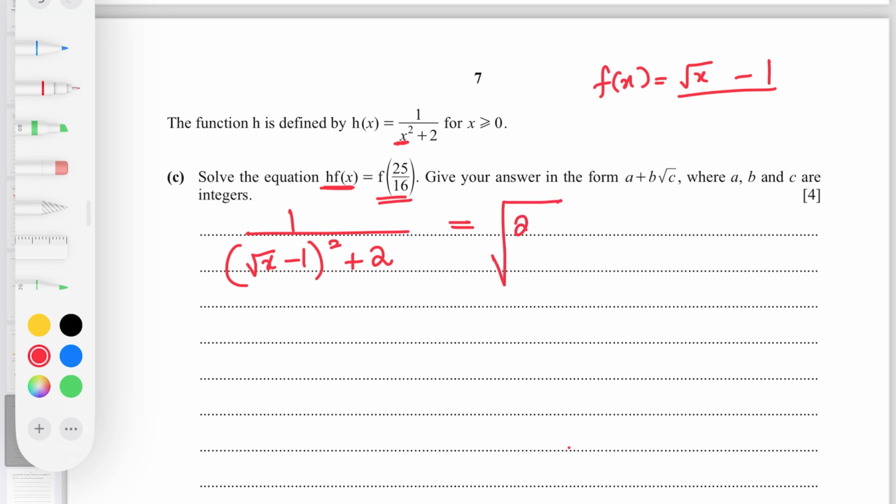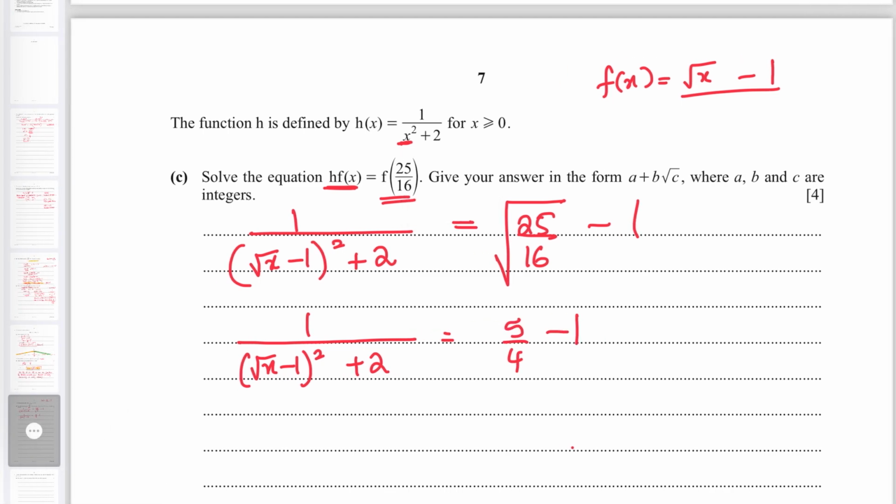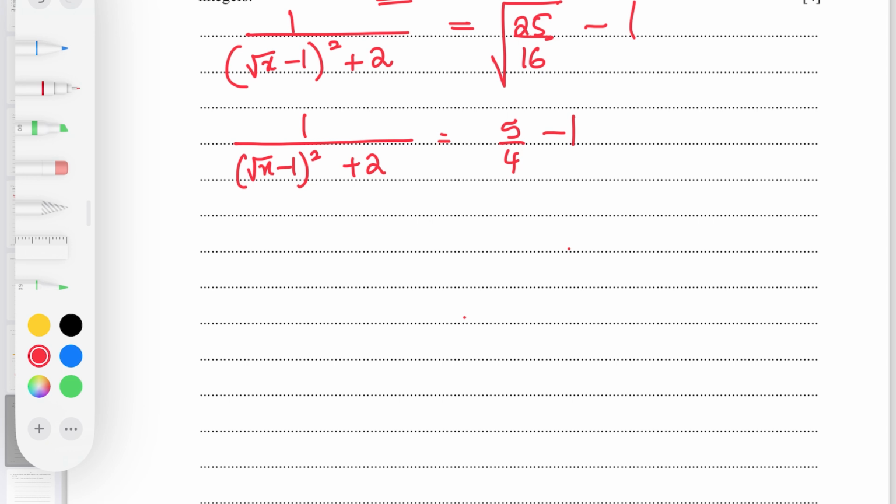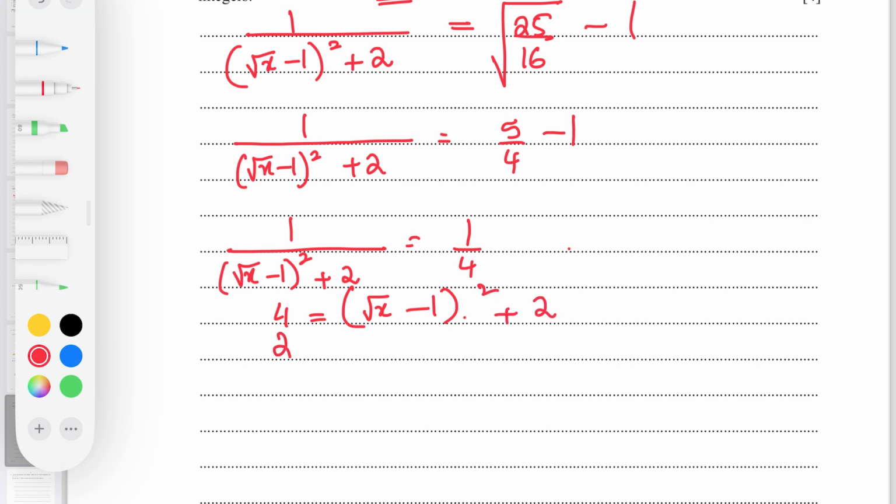That means in place of x... To remove the square, I square root on the other side.